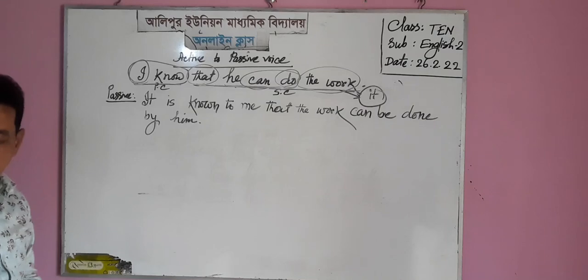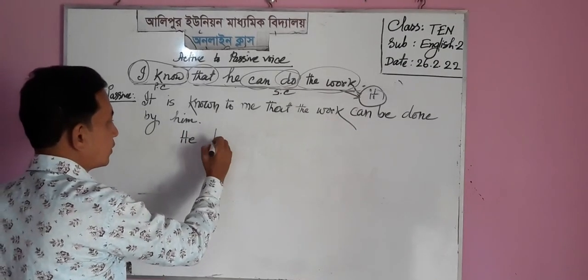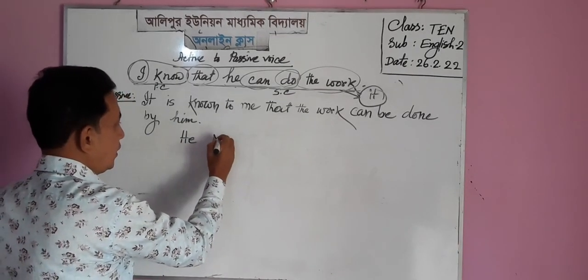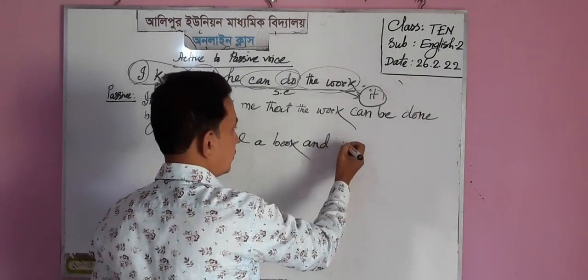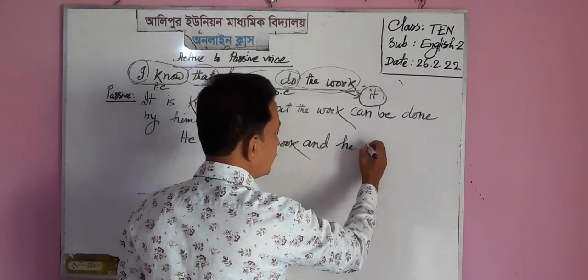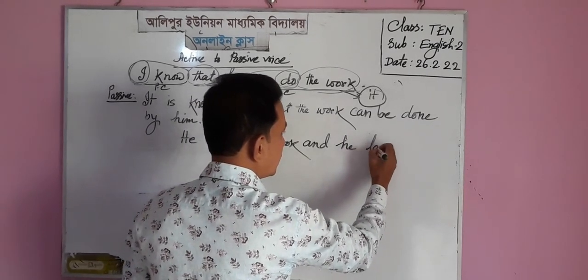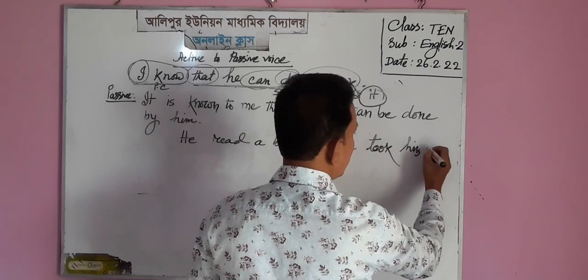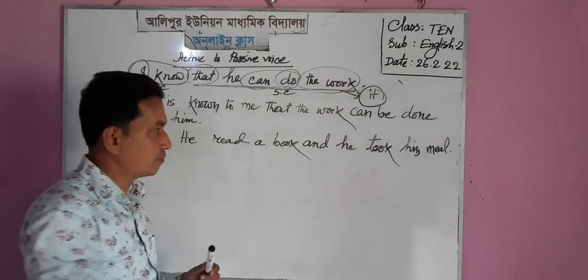Okay, dear students. Now I will give an example of a compound sentence. He read a book and he ate his meal.